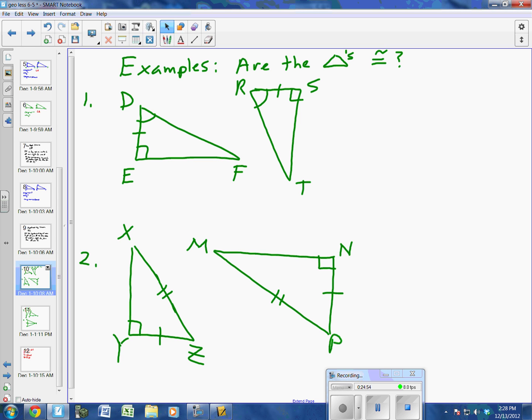How many of you had leg? Congruent to hypotenuse leg? Got HL? Got that one?